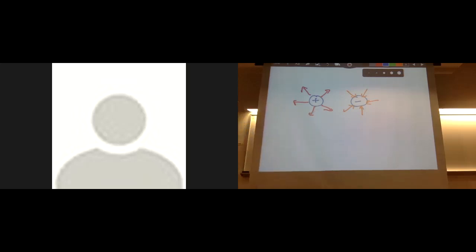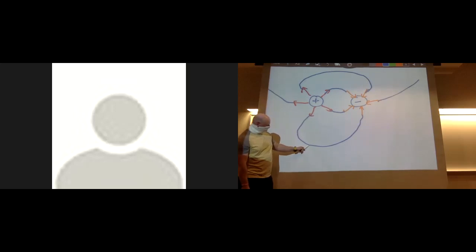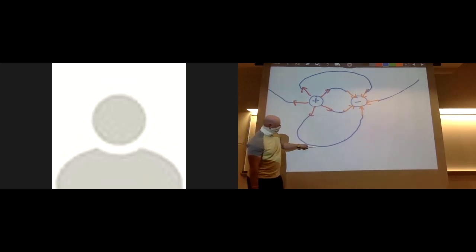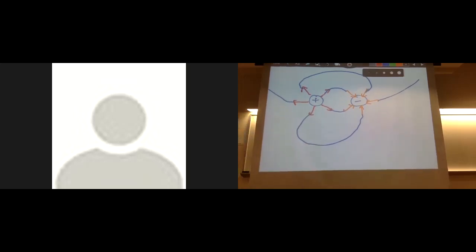So these two would be connected, these would be connected, this would be connected to him, this one would be connected to him, and it would look something like this. This is what the electric field looks like. At any location, the direction of the electric field will be tangent to this line. So in this case, it would be pointing off in this direction, and its magnitude would depend on the position. So at this point, the electric field would point this way.